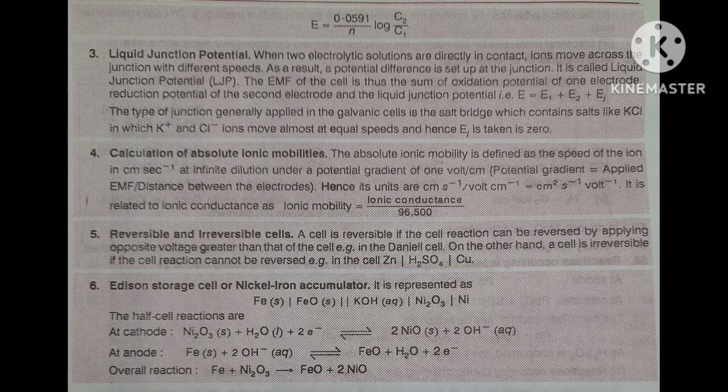Means per coulomb, how much ionic conductance is there, that is called ionic mobility. This is the second important relation: ionic mobility is equal to ionic conductance divided by 96,500 coulomb, that is 1 Faraday. This relation is very, very important. Remember, this will help you in solving the numericals.